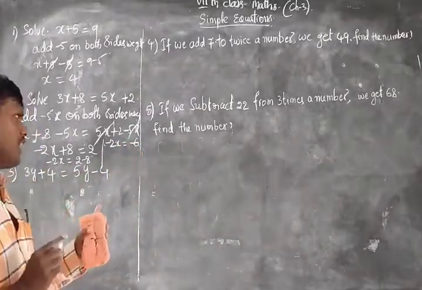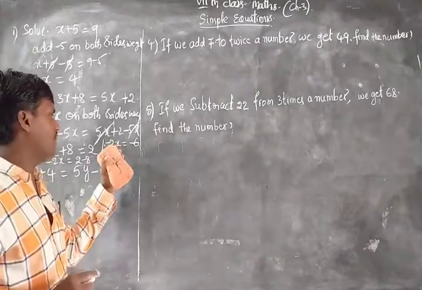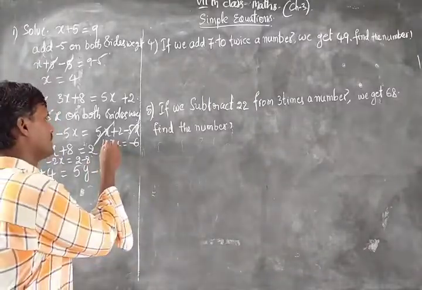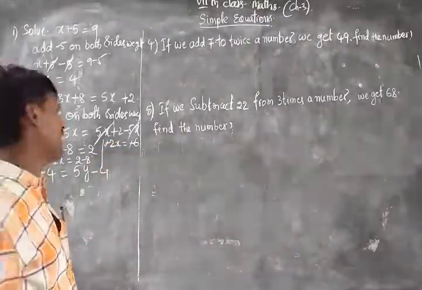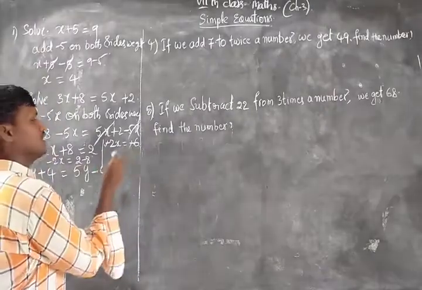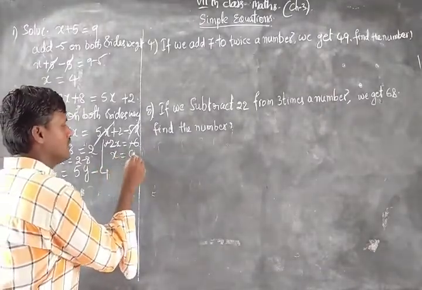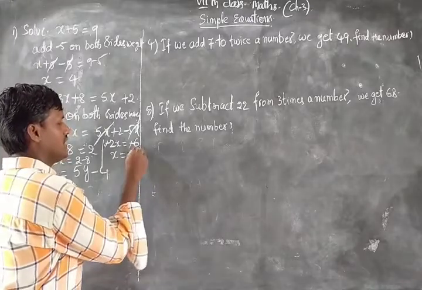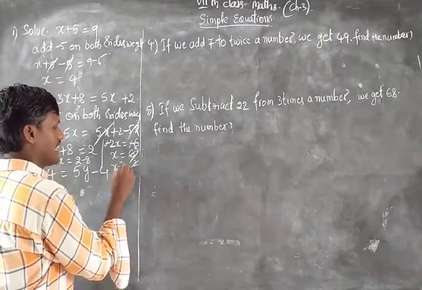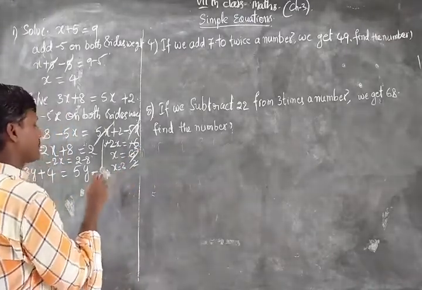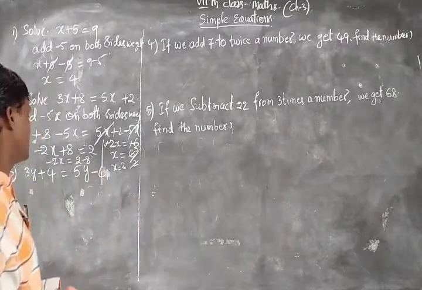Both sides have the same sign, so minus will be cancelled, and the remaining 2x is equal to 6. Then x is equal to 6 by 2, how much is it? 3. Then we will get x equal to 3. And the next value, let us just see the next value.